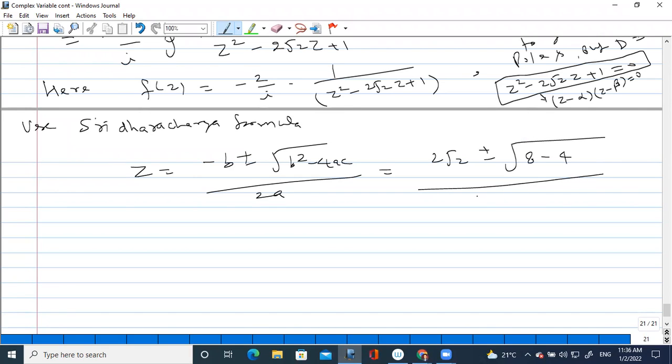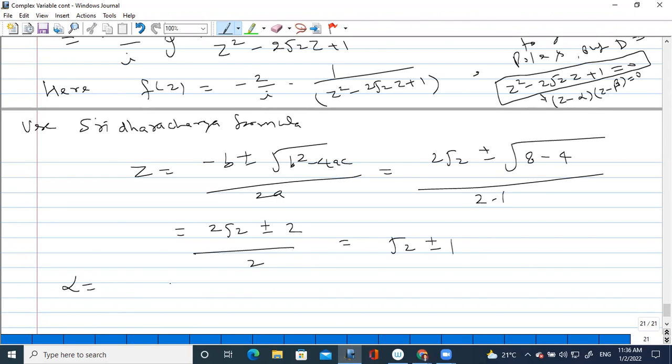And divided by 2A, 2 into 1. So answer will be 2 root 2 plus minus 8 minus 4 means that is also 2 and divided by 2. So answer is under root 2 plus minus 1.